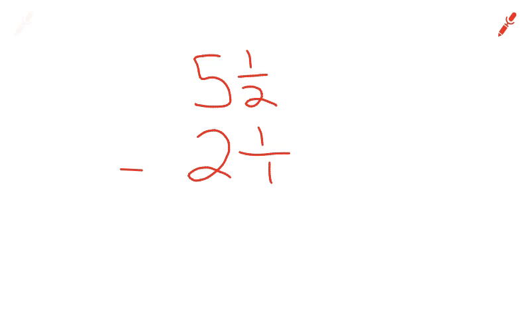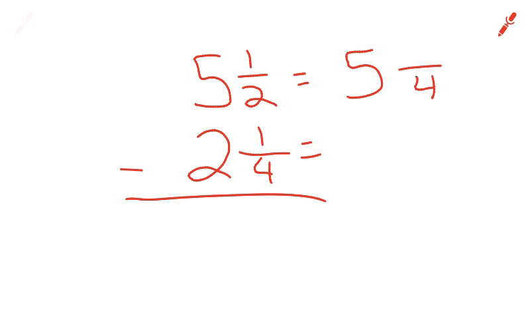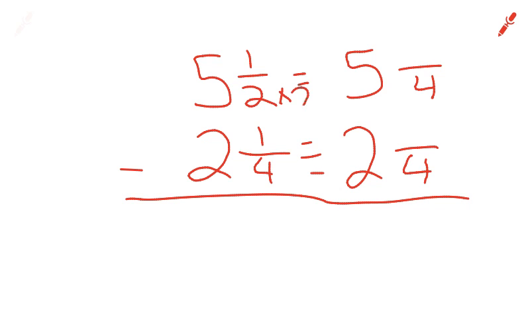D, 5 1/2 minus 2 1/4. Common denominators, it's going to be 5/4, 2/4. 2 times 2 is going to be our 4 over here.